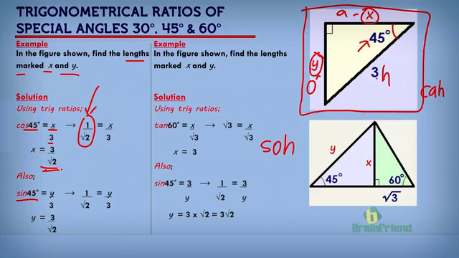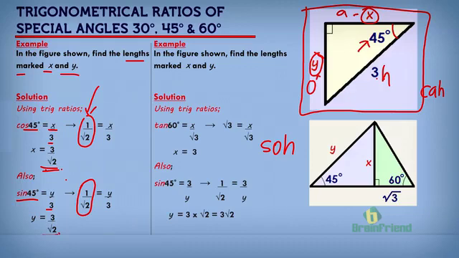Opposite is y, hypotenuse is 3. Sine 45 degrees is y over 3. We have a value for sine 45 degrees from what we just solved previously. That value is 1 over root 2, equal to y over 3. Cross multiplying, y gives us 3 all over root 2, which is the same answer we got for x.